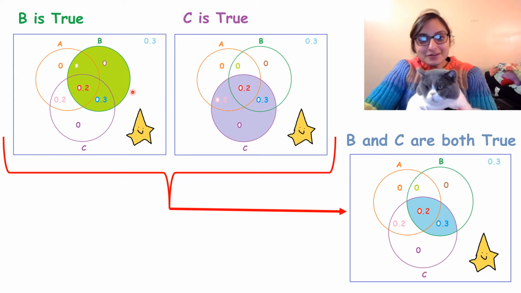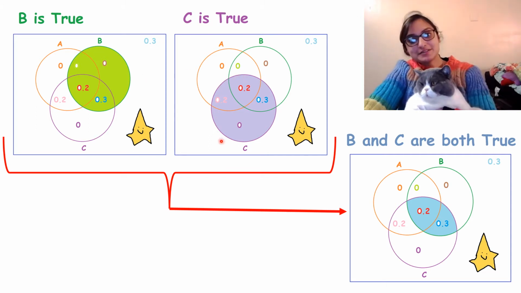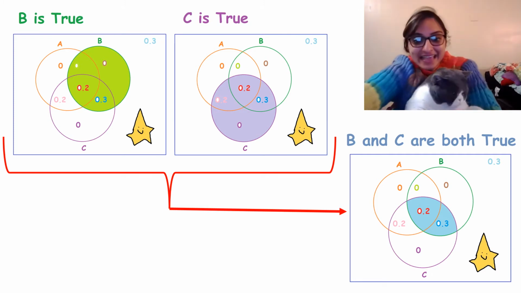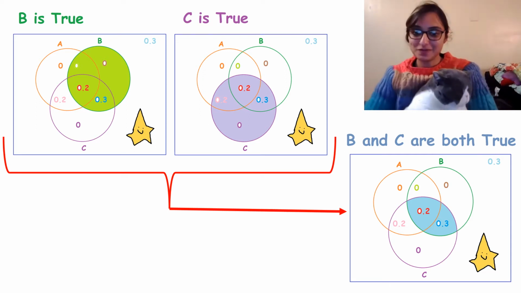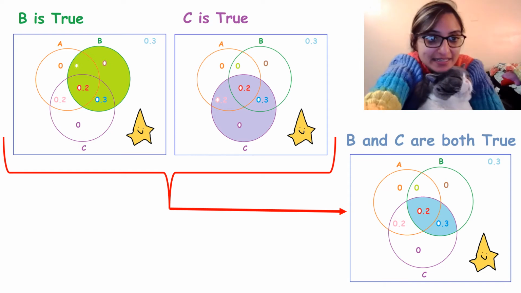So what we're going to look at is B being true over here and C being true over here. This green circle is when B is true, and this purple circle is when C is true. What we're going to look for is the overlap between B and C being true, and we're going to find that indeed it's this circle here.